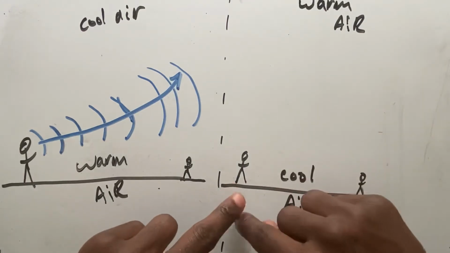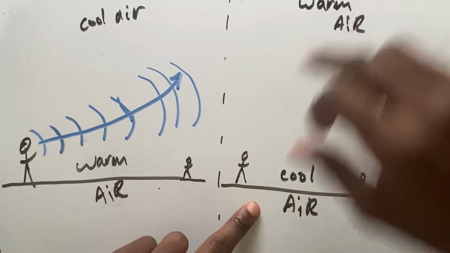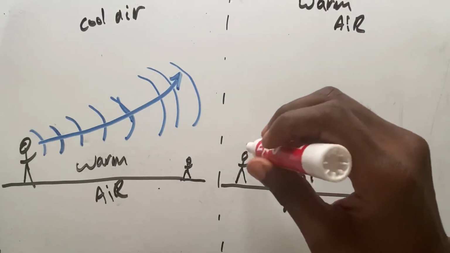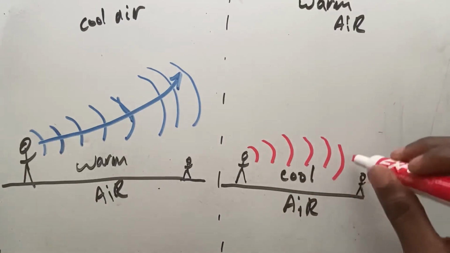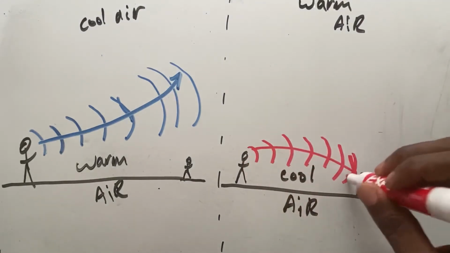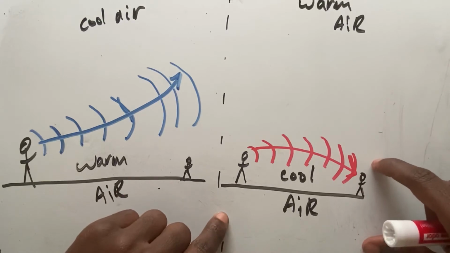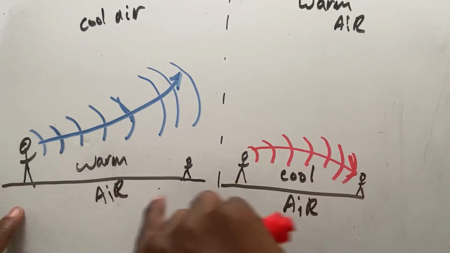Whereas for the situation where it's cool air on the bottom and hot air on top, your voice travels more like this. It's going to bend downwards. So here, this kid would actually be able to hear you a lot better than here.